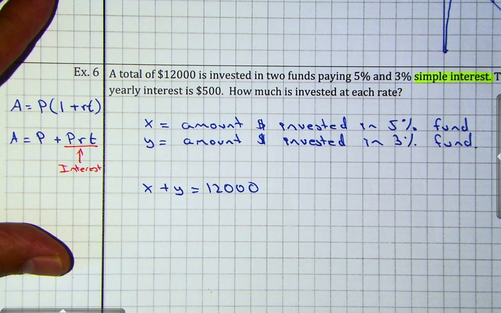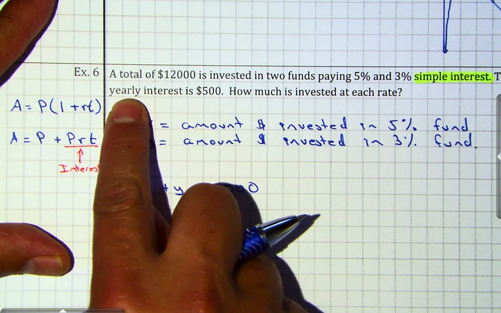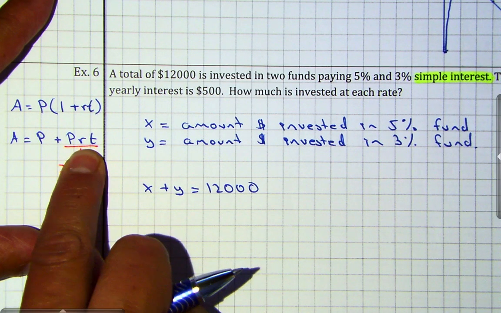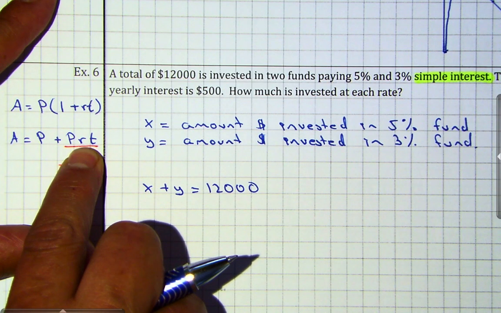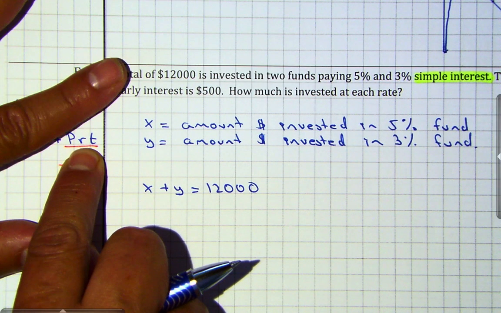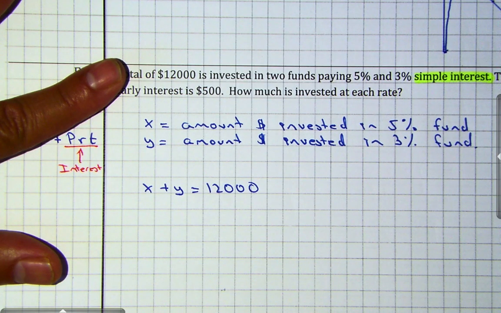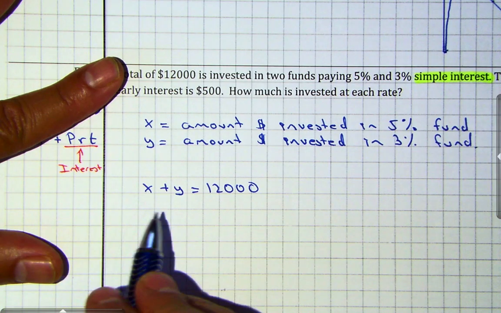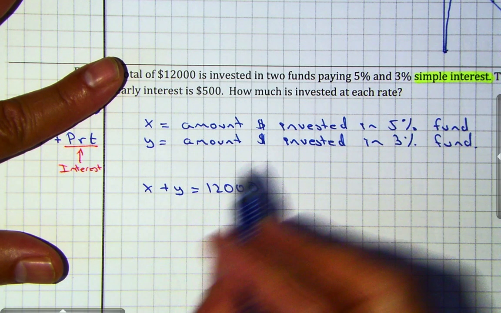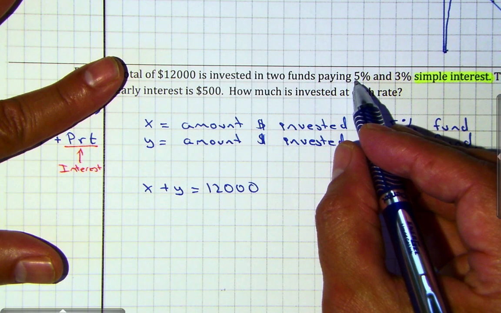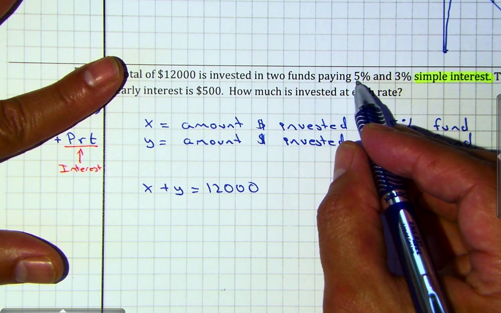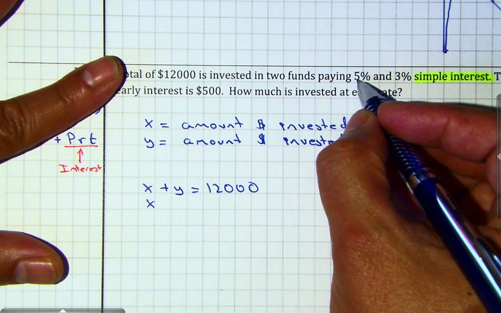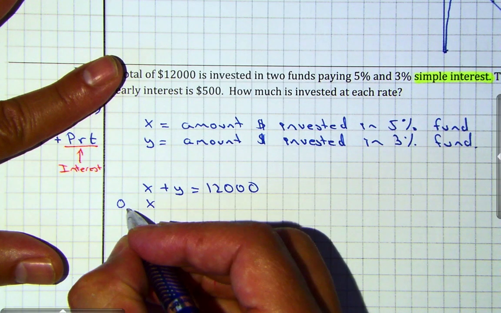Now, ideally it should say that we invested it for 1 year, so therefore t is 1. I need to find out how much interest I'm getting back. The interest from the 5% fund will be x multiplied by 5%, which as a decimal is 0.05.